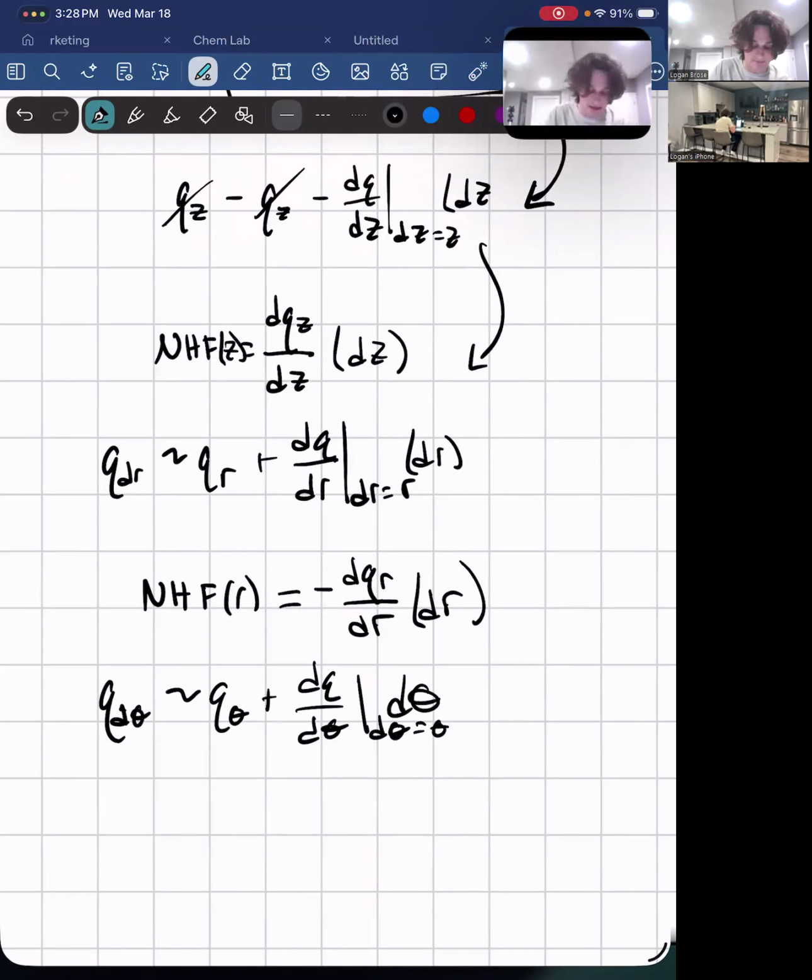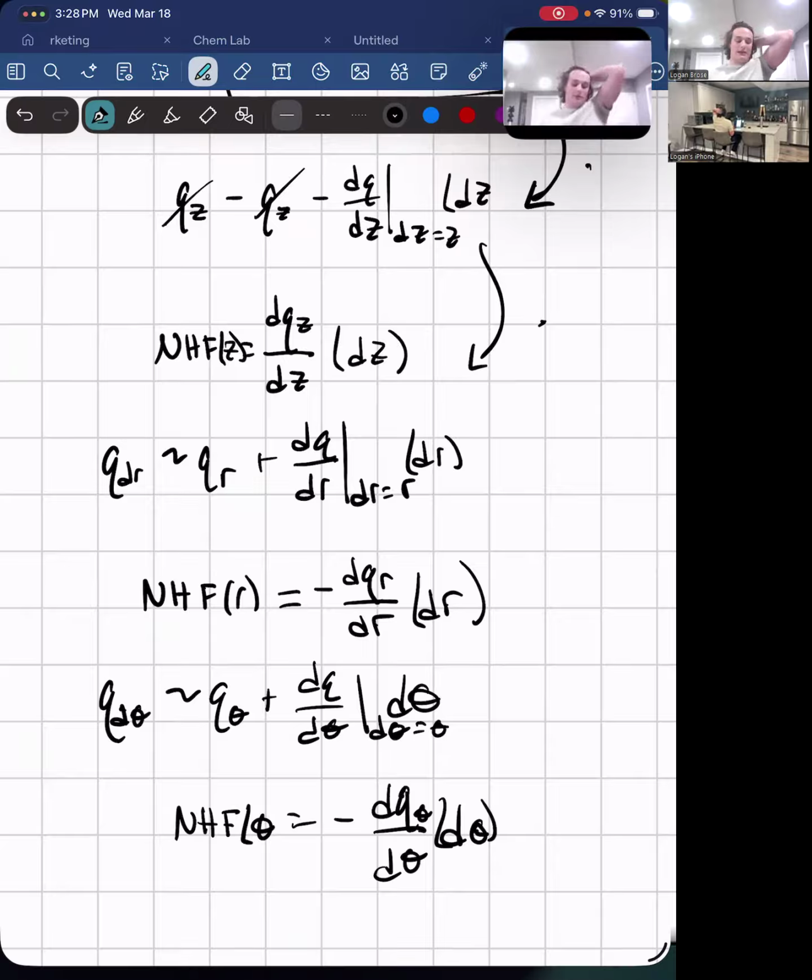And then that, again, is exactly the same as up here and up here. Our net heat flow for theta equals minus dq theta over d theta times d theta, right?